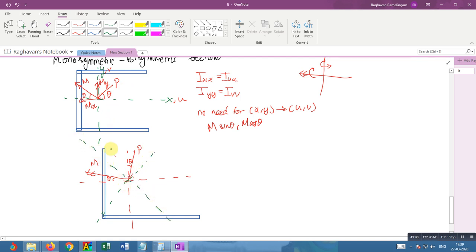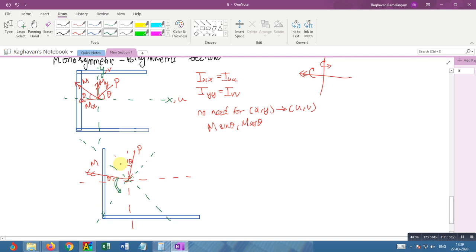The only thing is, when you now try to resolve your moments, you will have to resolve it with respect to this whole angle. Unfortunately, it has to be done with respect to this angle. You just have to get the angle, add it, and then do the M sine theta and M cos theta.